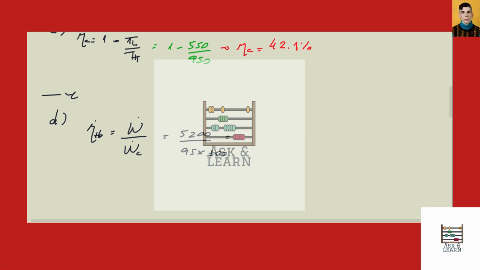Therefore, the second law efficiency is 0.547, or if you want, 54.7%. And that's the final answer to this problem.